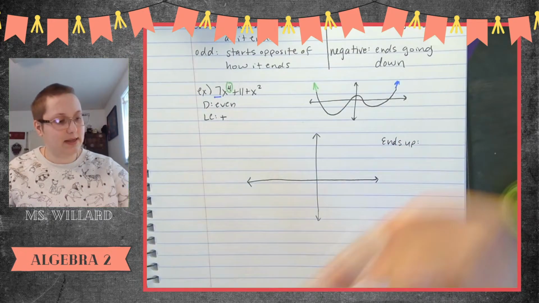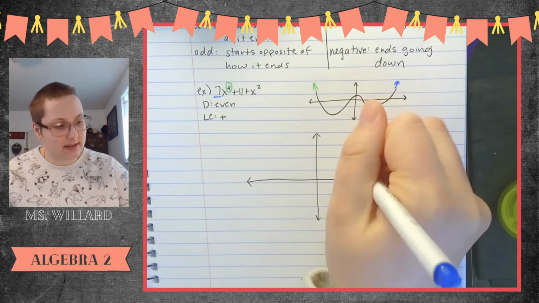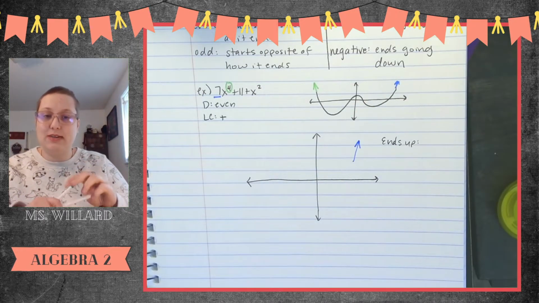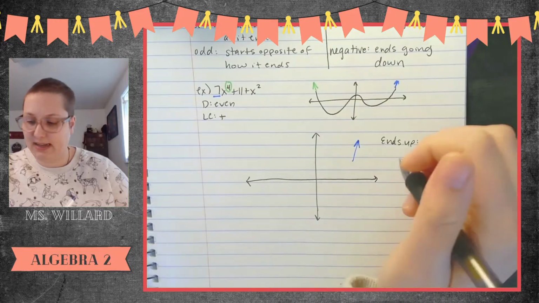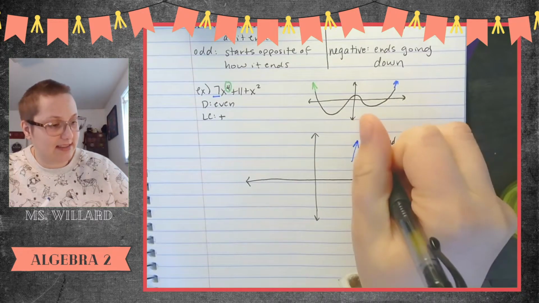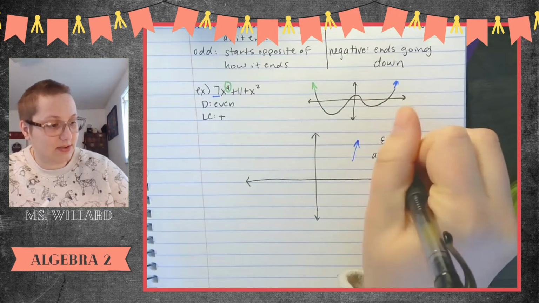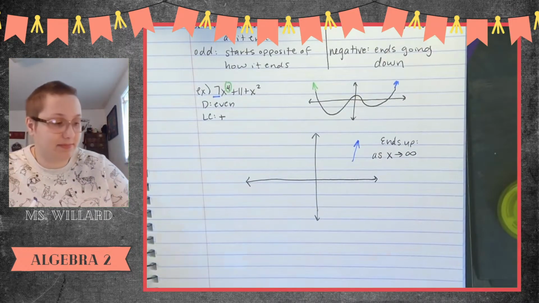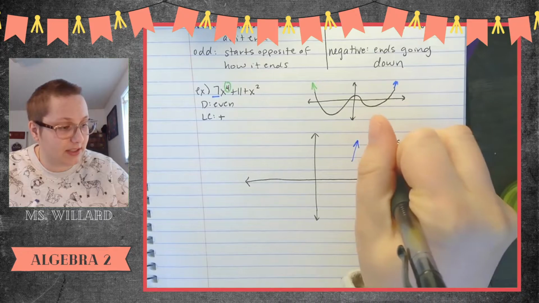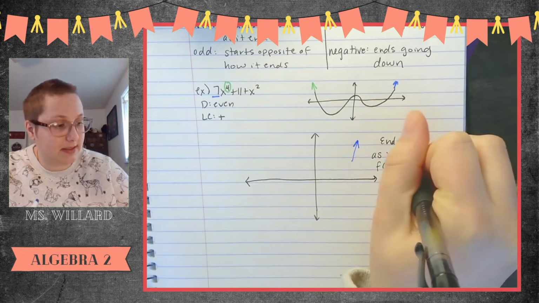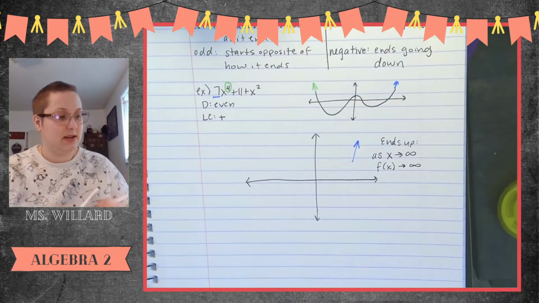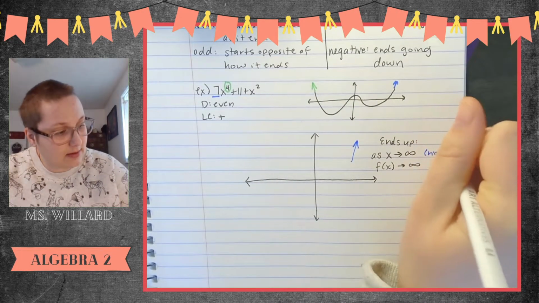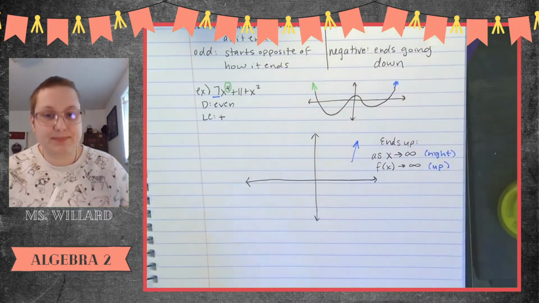I don't care what the rest of it looks like, but at the end it goes upwards. So here's what I would say: as x goes to the right, which is positive infinity, the function goes up to positive infinity. So this means to the right, and this means up.